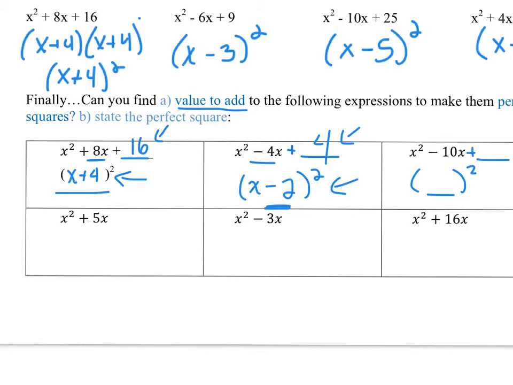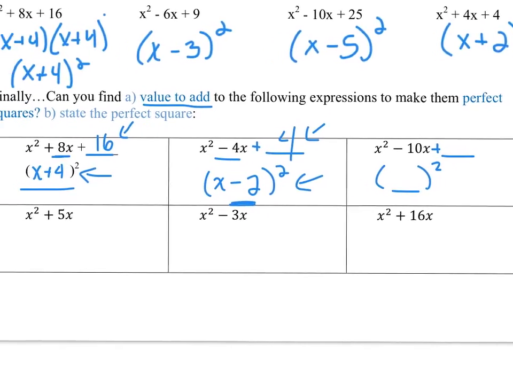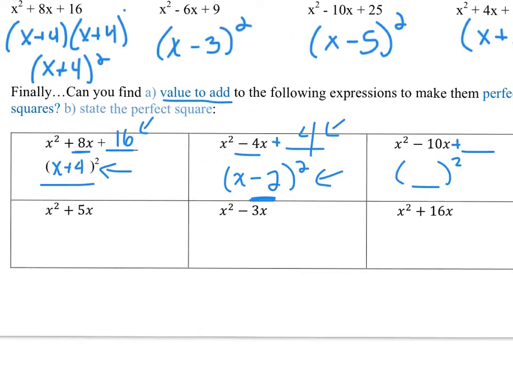Thank you. All right, I'm going to switch to green. So now that you've done all these on your own, let us fill in the blanks to get the answers. So half of this, 5, square it, 25. Oh no, it's odd.